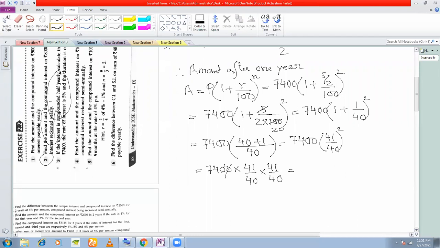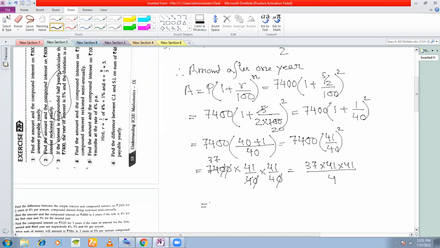Okay, so now 2 zeros will go. What you can also do is you can cancel with 4 also. This will cancel 37 times. So how much do you get here? 37 into 41 into 41 divided by 4.